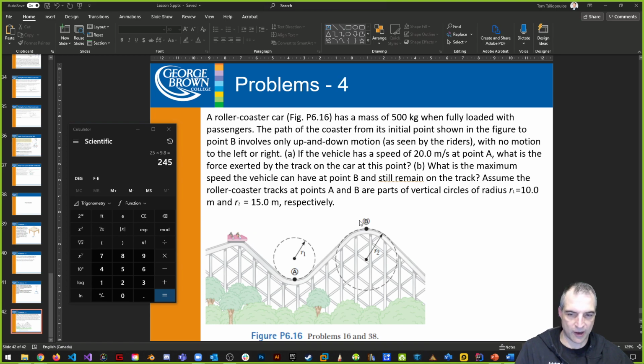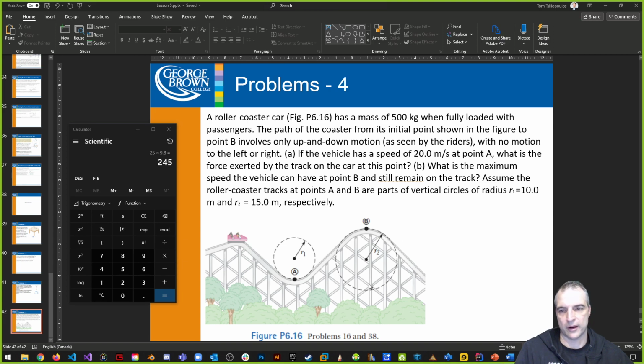It's just being held in by the weight of the vehicle itself, because we're given 500 kilograms for the car, and we're given the radius. So we know R1 is 10 meters and R2 is 15 meters.